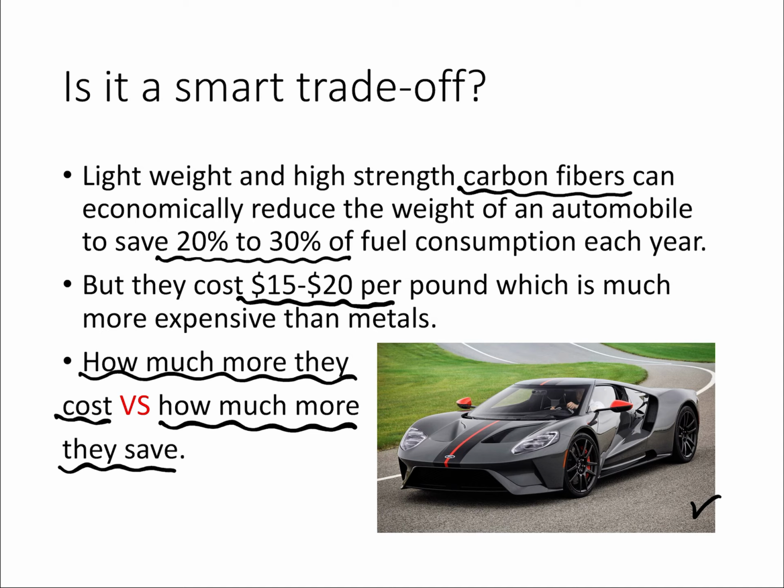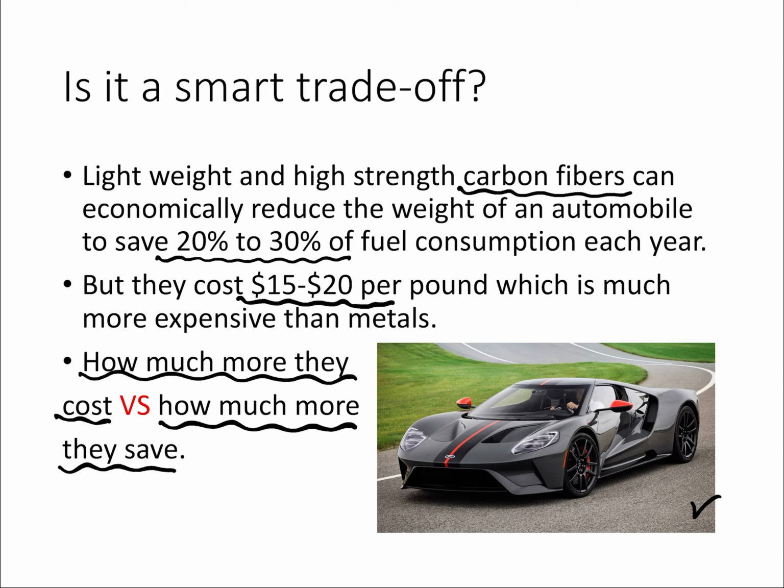So how do you know? How do you compare these two? How do you determine if this is a smart trade-off or not? This is what we're going to learn for this chapter. This is only one project. This project is about using a new material to build a car. And you will know the cash flows, the cost of this new material, the savings of this new material every year, and maybe at the end of the use, you can sell it at a price.